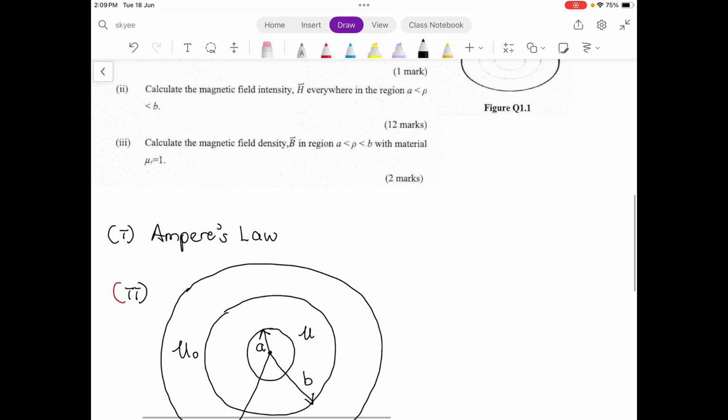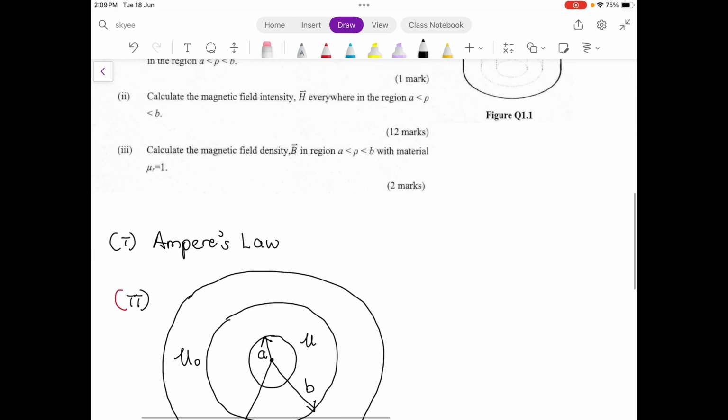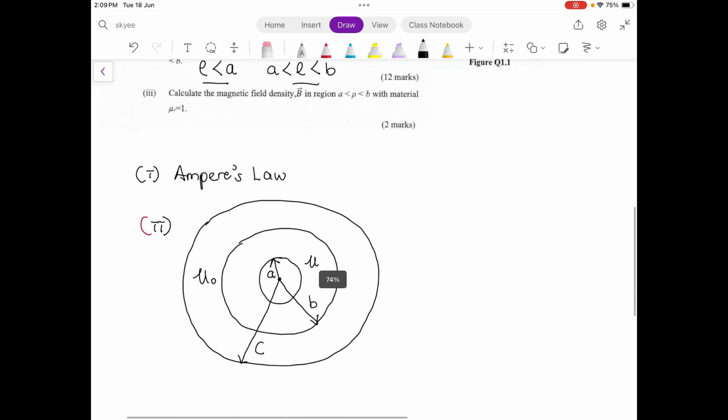So everywhere in the region in between A and B, there is the possibility that rho is less than A, because it's everywhere. So it is possible rho is less than A, and then rho is in between A and B. We'll be finding the formula of the magnetic field in these two regions.